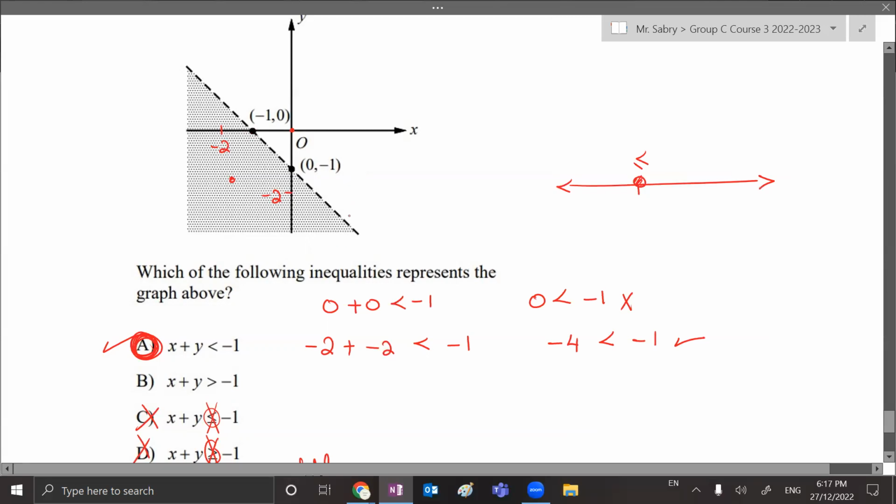What matters, or what decides whether it's open or closed, less than or equal or just less than, is the line itself. If it's dotted, then it's either less than or bigger than without the equal. On the other hand, if it's a line like this one and the shading goes like this, then this one must be either less than or equal or bigger than or equal. Makes sense?